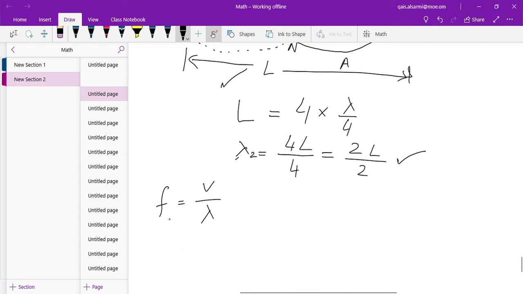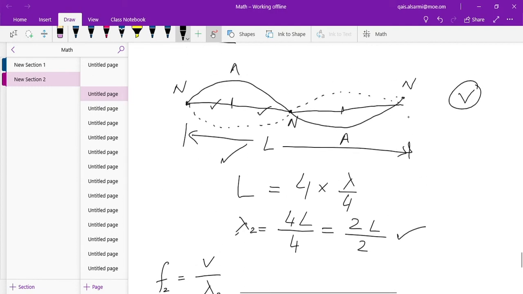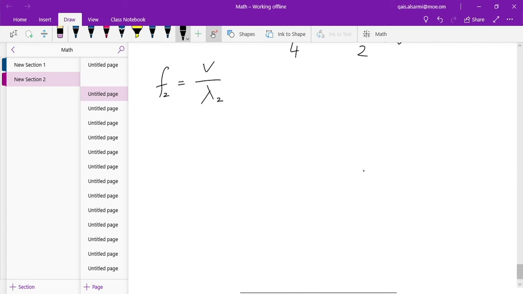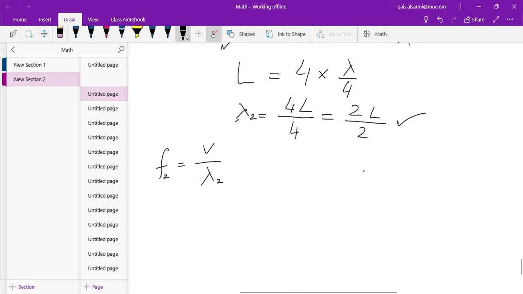Since this is the second mode of vibration, better to write 2 here and 2 here, but not with V, because the velocity of these waves is the same, because I haven't changed the length, I haven't changed the tension in the string, so velocity has to be the same. That's the reason I'm not writing 2 with velocity.